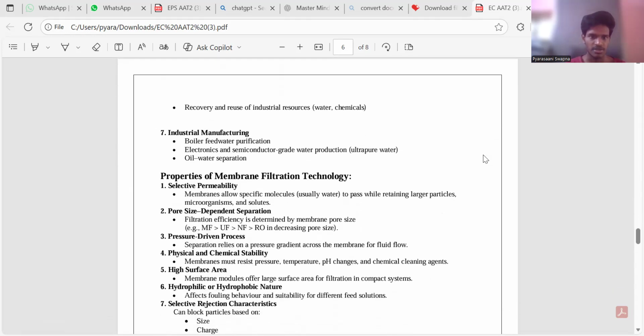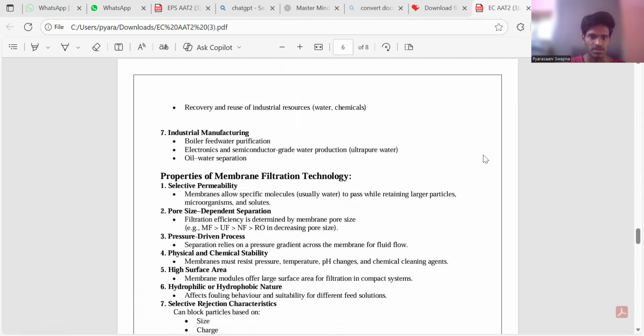Properties of membrane. Selective permeability: membranes allow specific molecules to pass while retaining large particles, microorganisms, and solvents. Pore size dependent separation: filtration efficiency depends on membrane pore size. Pressure driven process: separation relies on a pressure gradient across the membrane for fluid flow.